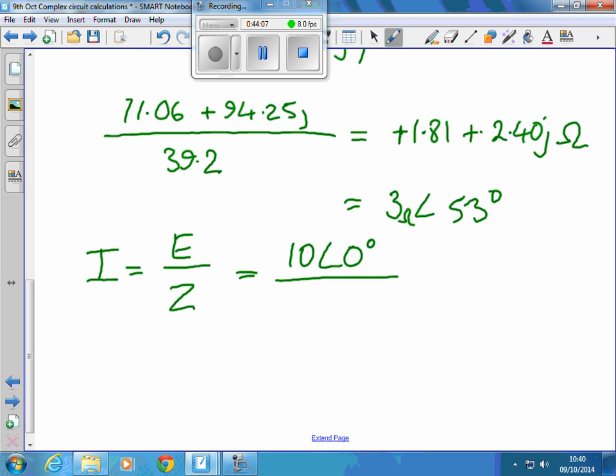E over Z, Z is 3 ohms angle 53. Ten divided by 3 is 3 1/3 amps, angle must be minus 53 degrees. Does that fit with CIVIL? Current lags voltage in an inductive circuit? Yep.